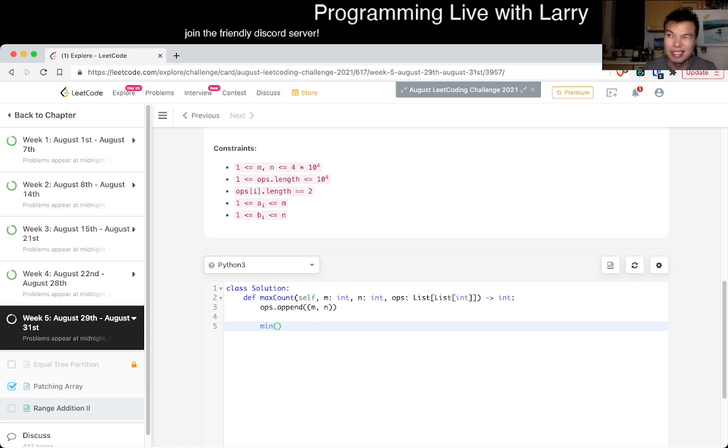I'll write it out: min x and min y are initially equal to m and n. Then for x, y in ops, you could do it in one liner, but then you end up doing two iterations, so it's a little bit weird. If you're a Python master, let me know how you would do it. So mx, my equals min of mx, x and min of my, y, and then just return mx times my at the end.